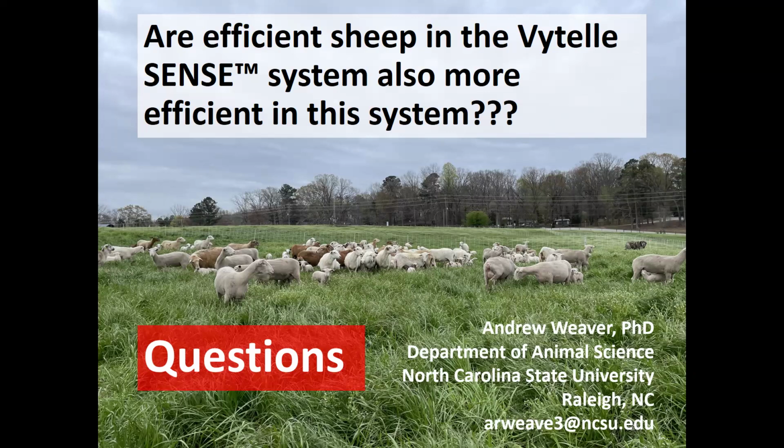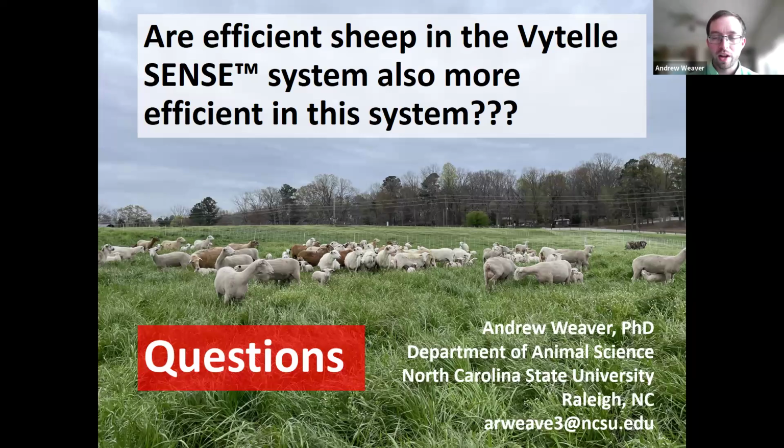Yes, that's a great point you bring up and some good things to ponder. I don't have a great answer for you. So our goal, all these females that are in our flock, we're trying to grow as fast as we can. We sell a few ewe lambs every year, but by and large, we keep the vast majority of our females. So they're all going through the system and then they're growing out on grass and expected to be used. We're monitoring weights and body condition scores at breeding and then at weaning.